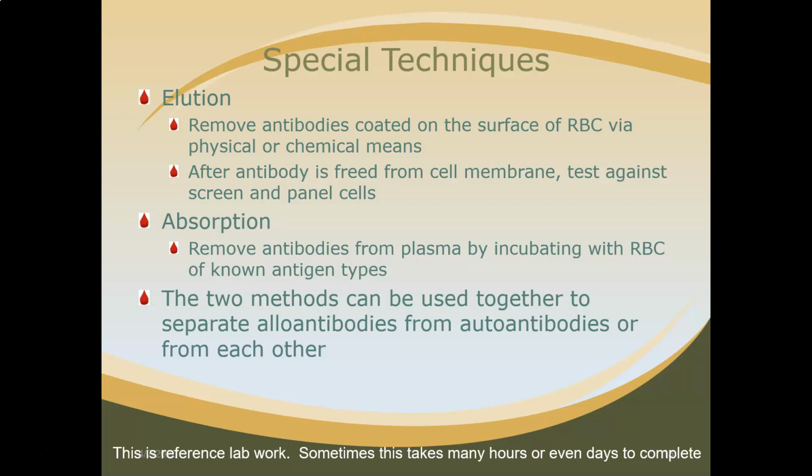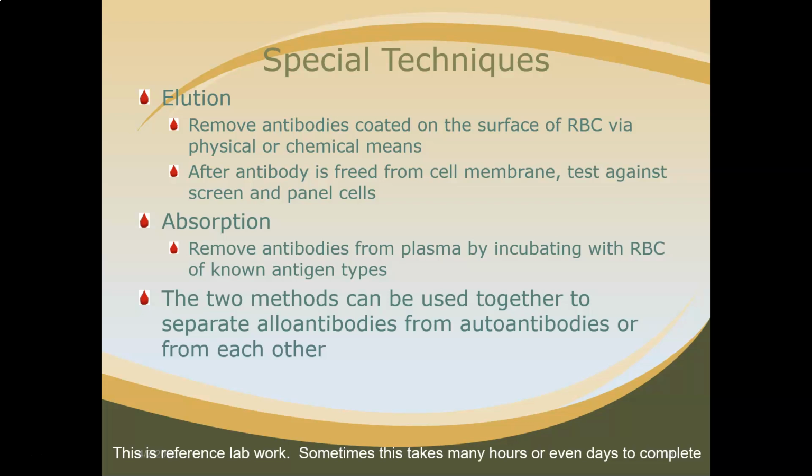If I have an auto anti little e, I could take a couple of little e positive cells, and I'm going to need more than one because remember, it's not just going to absorb out the little e, it's going to absorb out anything in there that has a corresponding antigen. So it's going to absorb those out, and then I can run those plasmas against a panel and figure out what was in there.